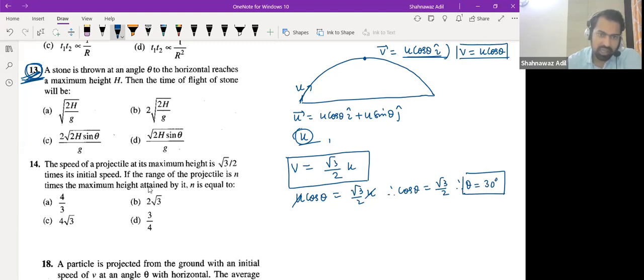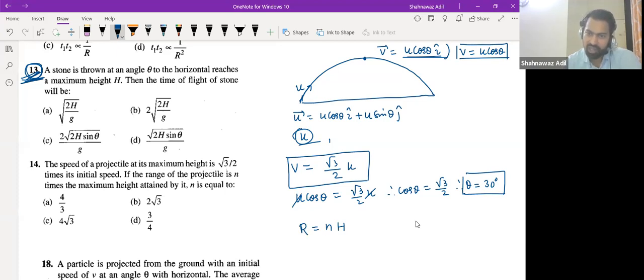So now, the range of the projectile is n times the maximum height attained by it. Then n is equal to? We already got the relation between r and h.